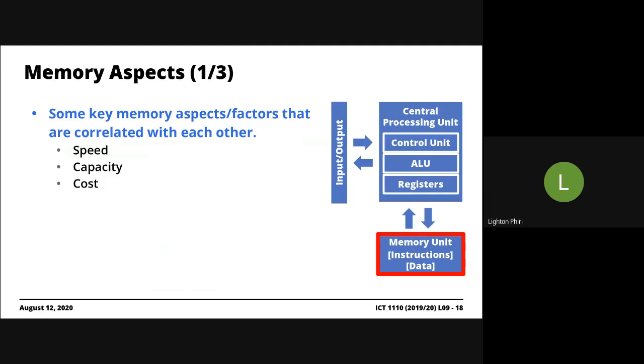How quickly data can be transmitted to and from the component. How much data you can lump onto that particular component. And how much it would cost you, by taking into account a particular measurable unit. So cost, capacity, speed. Those are some of the important aspects to take into account as you're looking at these different memory components.